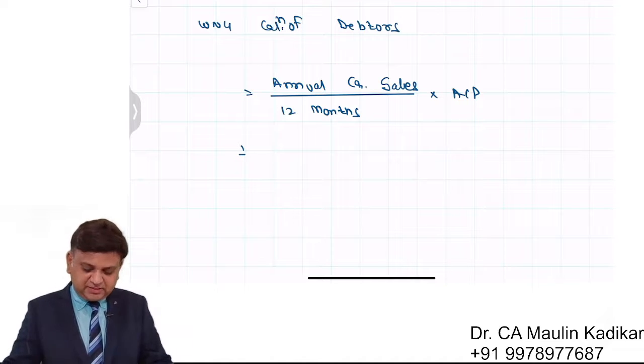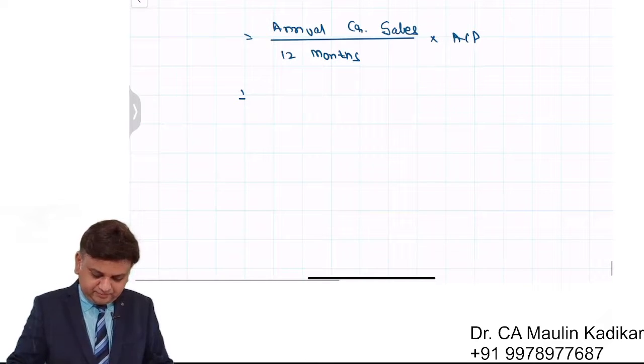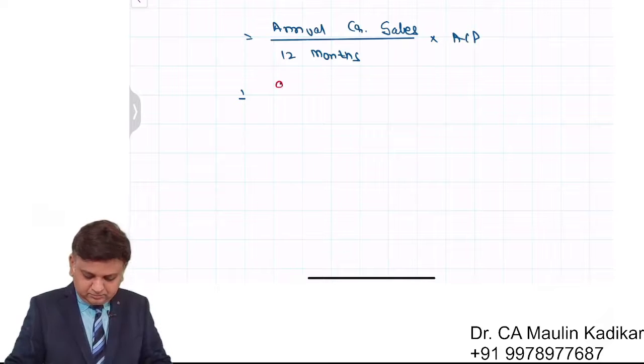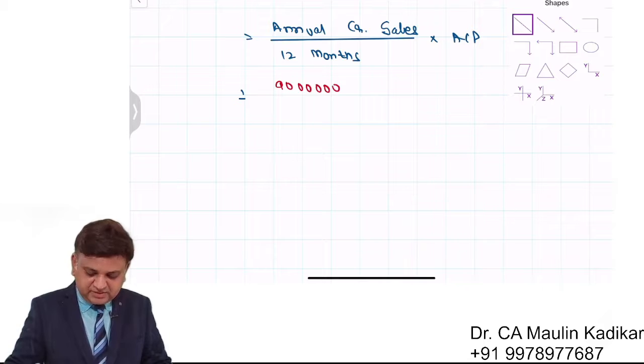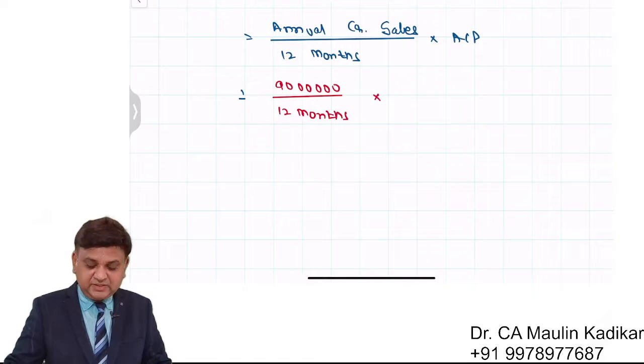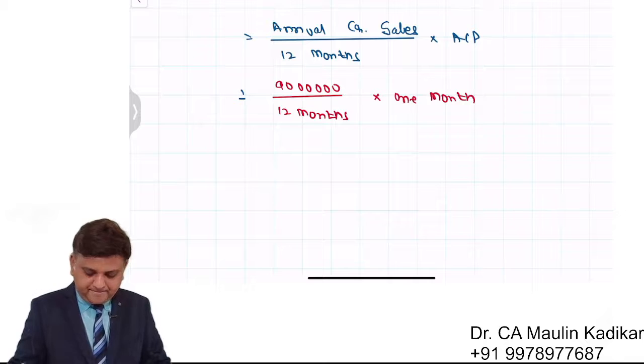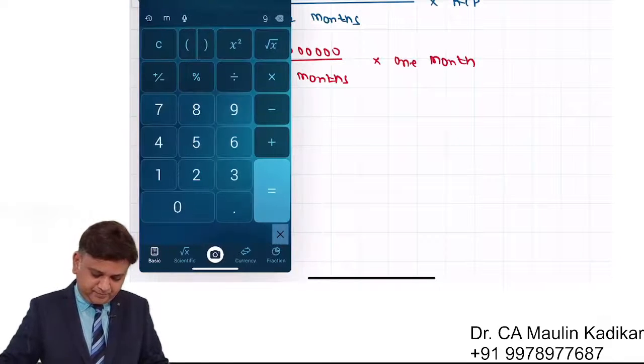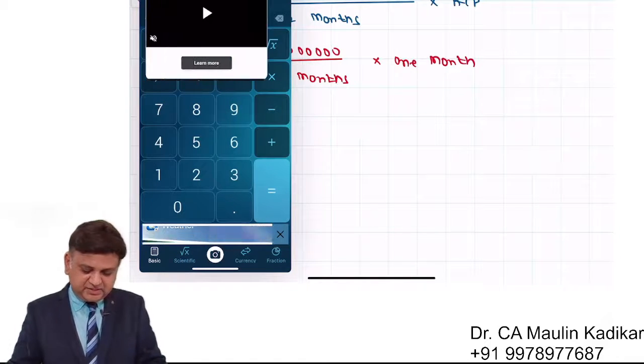Annual credit sales is an amount of 90 lakhs divided by 12 months into average collection period of 1 month. So the final answer is 7,50,000.